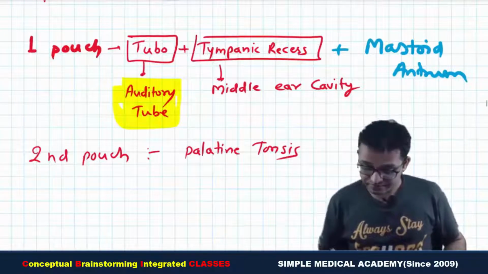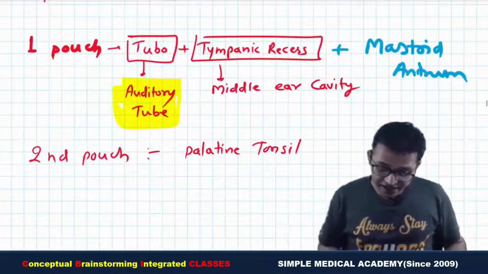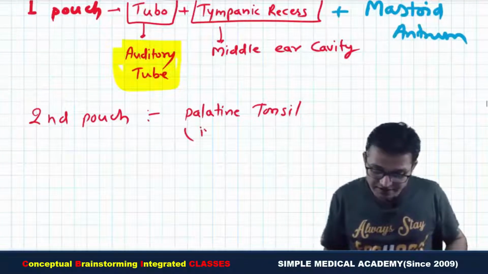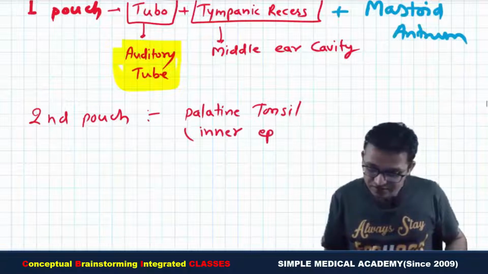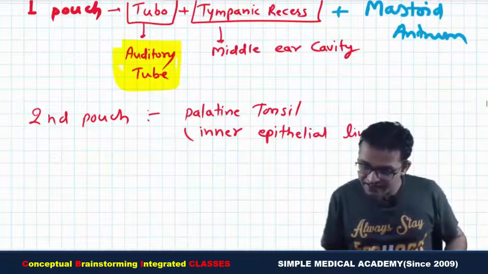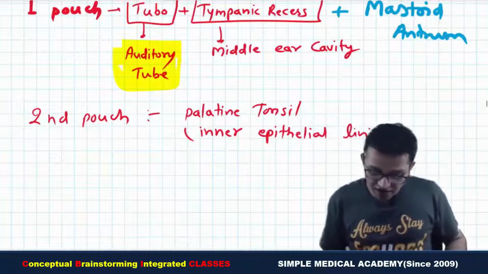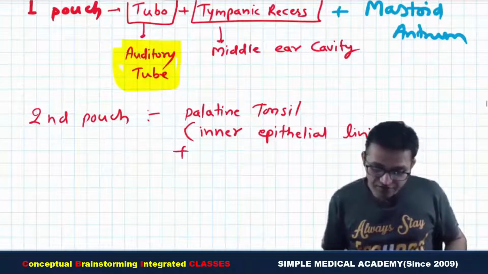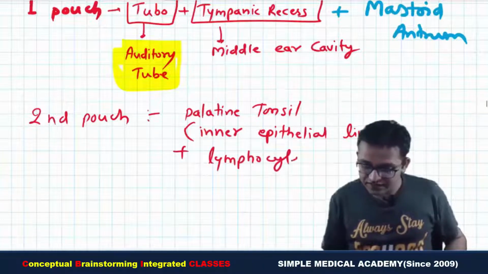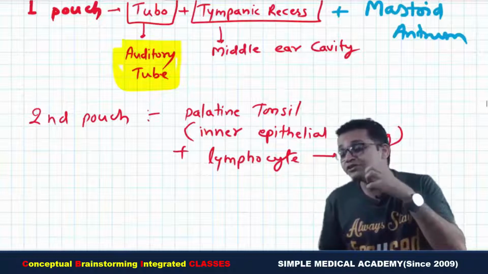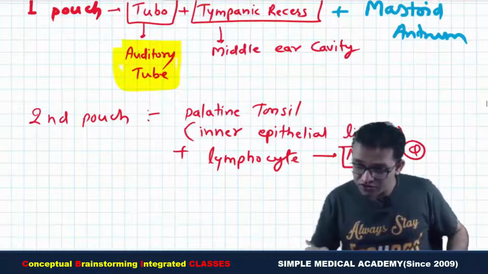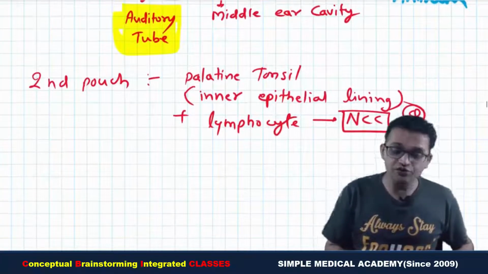But remember one update: actually not the entire palatine tonsil but only a part. The inner epithelial lining is endodermal, while the lymphocytes and the connective tissue are derivatives of the neural crest cells, according to the recent update. So what you have to remember?